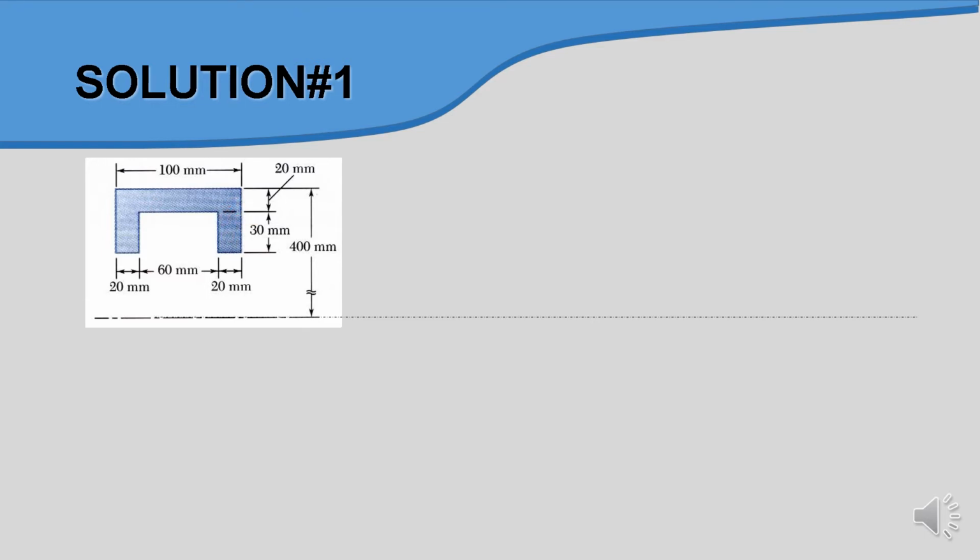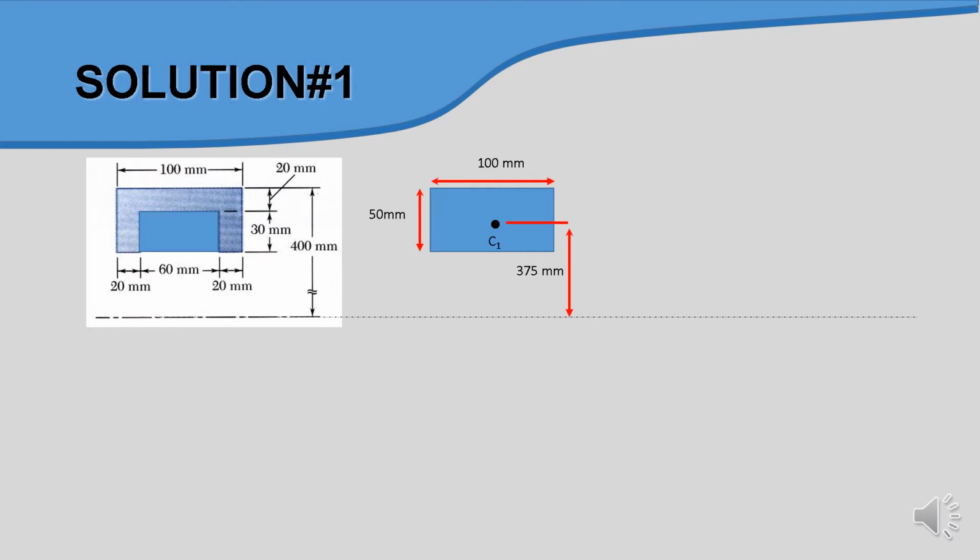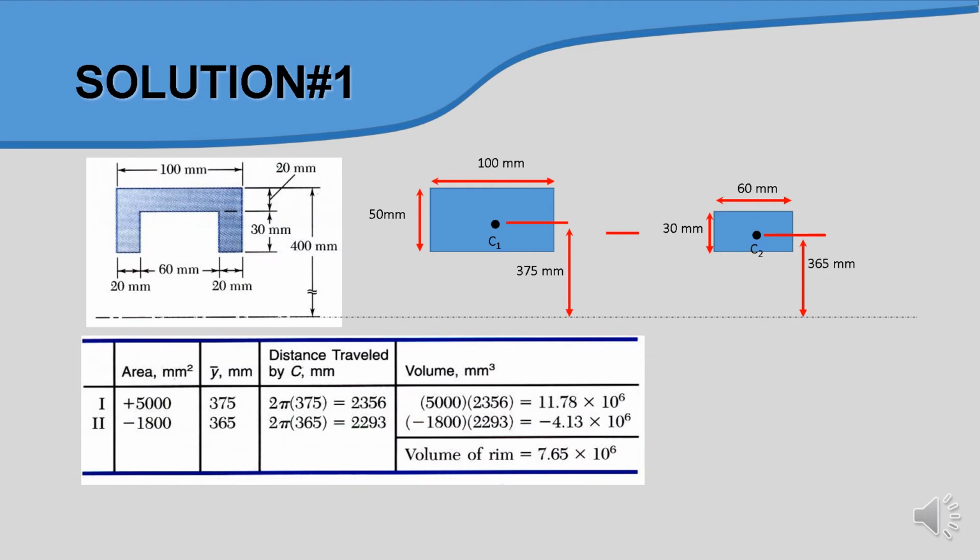So in this case, we have a bigger triangular shape number 1 with the dimension, and we subtract the smaller triangle. And in getting the volume, we will need to use a table because it's very convenient and easy and quite structured in solving a problem.